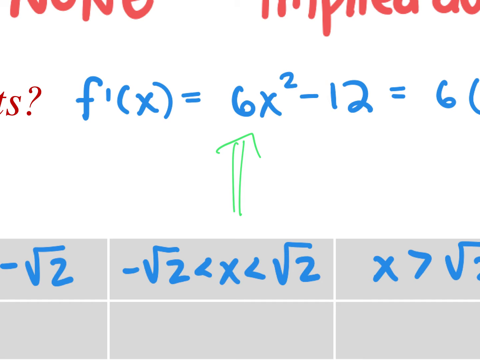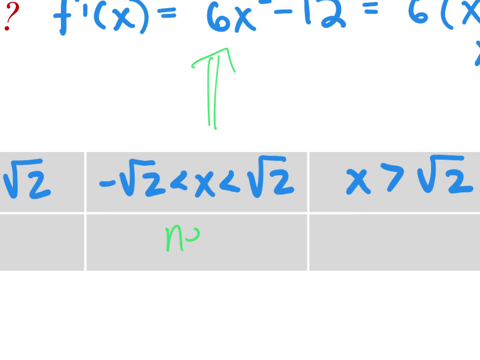Yeah, and I don't even care about the 12. I just care that she said the word negative. If I picked a different number like 1 and plugged it in, I'd still get a negative answer. If I picked negative 1 and plugged it in, I would still get a negative answer.